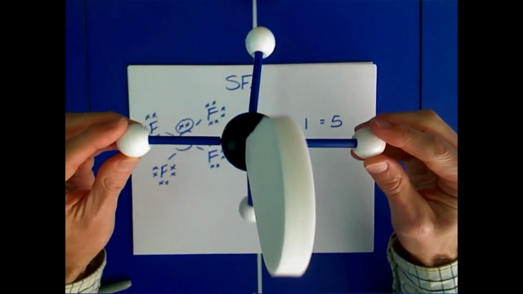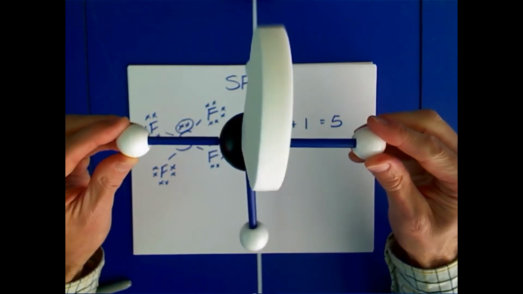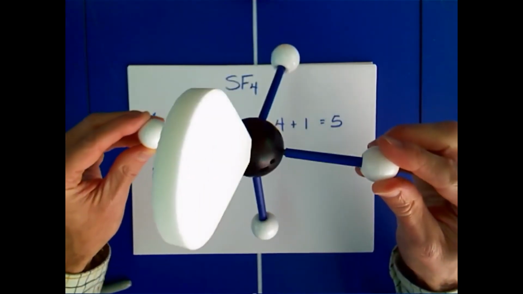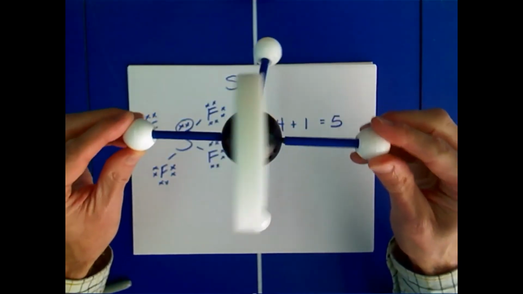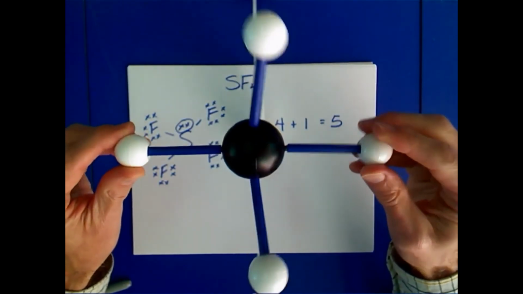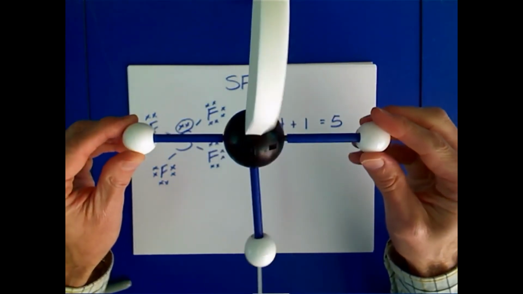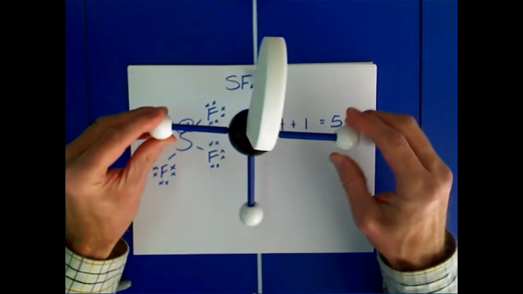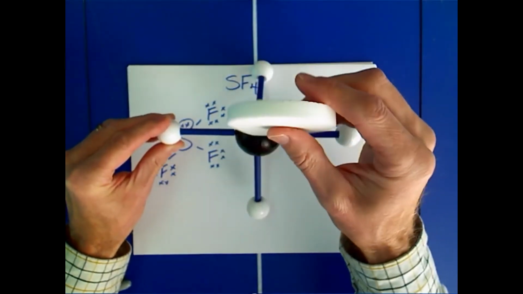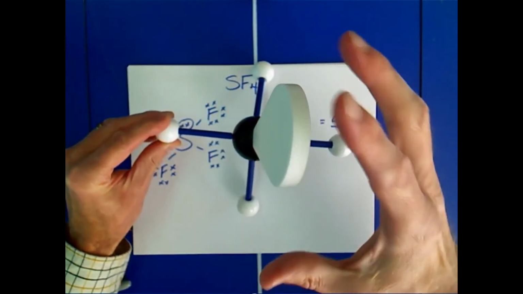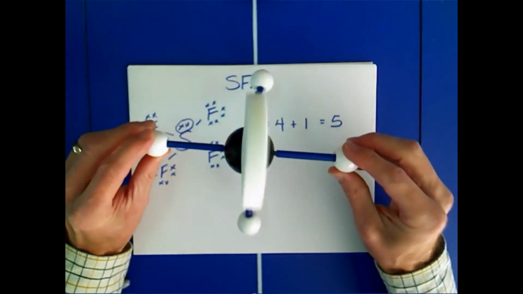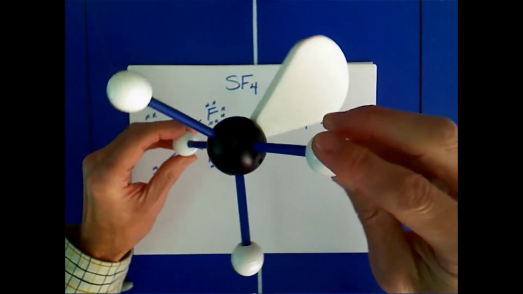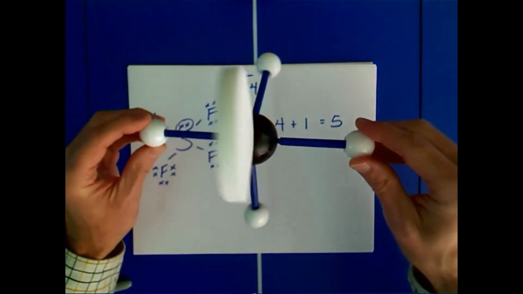And we can see that one of the equatorial positions that's located close to the camera right now has a lone pair there. And that actually ends up being important, because you remember the lone pair electrons exert the most electronic repulsion on the other pairs of electrons that exist in the structure.